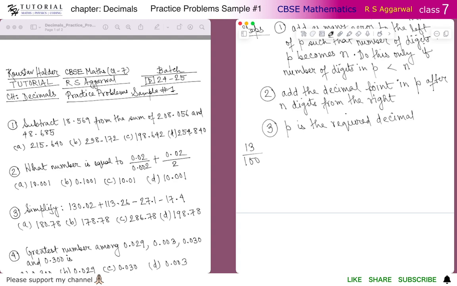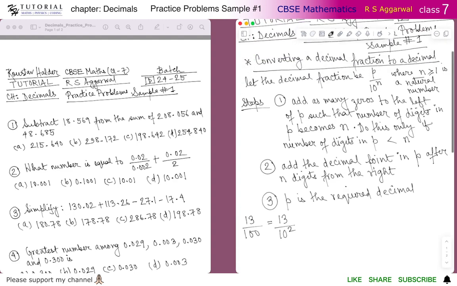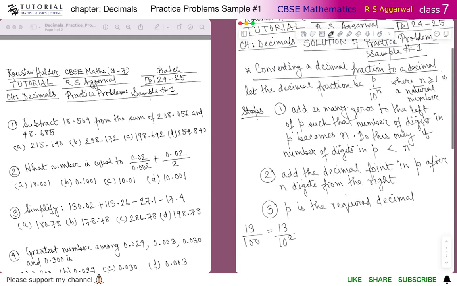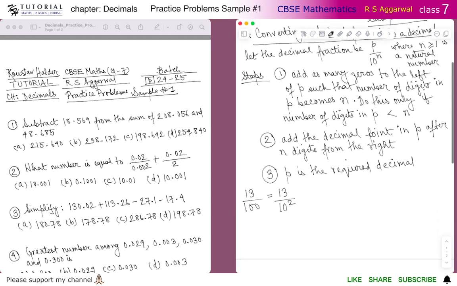Now, if the fraction is a decimal fraction, then it's much easier. So how do we convert this decimal fraction 13 by 100 to a decimal? We see that the number of digits in the numerator 13 is 2, and also the number of zeros after 1 in the denominator is 2. I mean 100 is nothing but 10 to the power 2. So, in our discussion, n is basically the number of zeros in the denominator after 1.